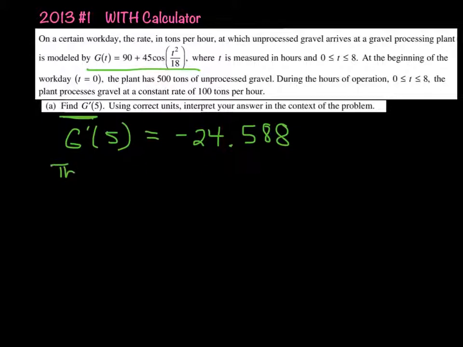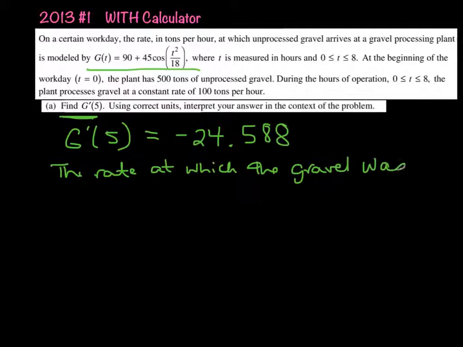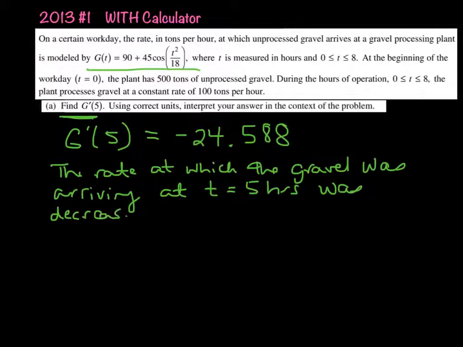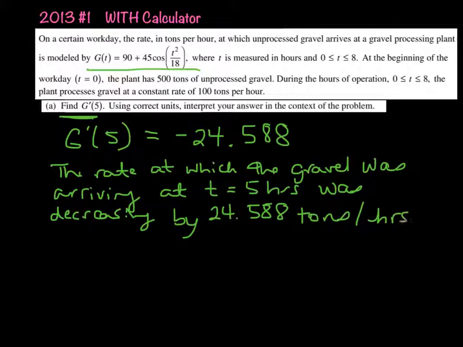Okay, so I'm going to write down my answer. The rate at which the gravel was arriving at t equals 5 hours was decreasing by 24.588 tons per hour squared.